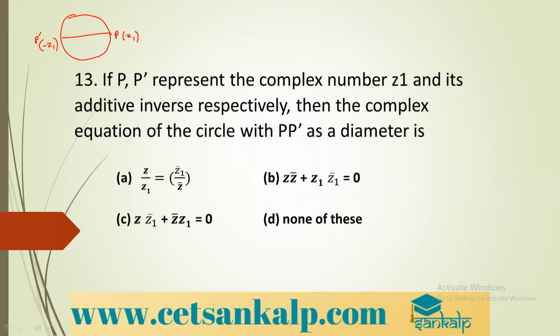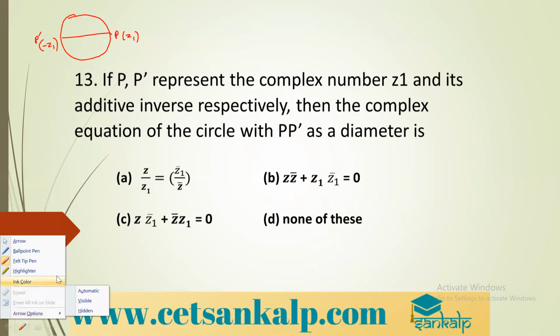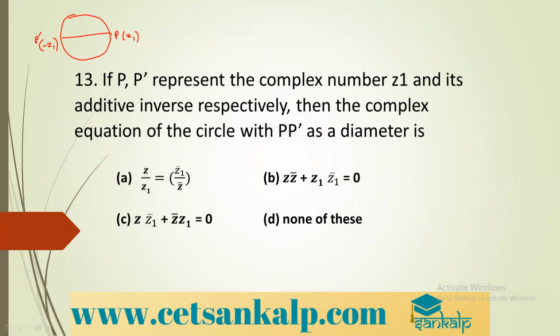That means, suppose I take any point Z here on the circle. It is represented by complex number Z. So from the center, if I join, this is the radius.